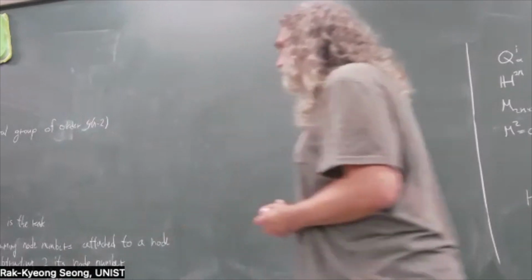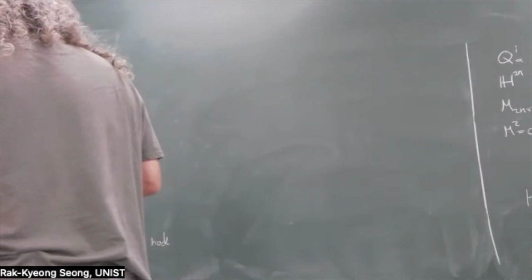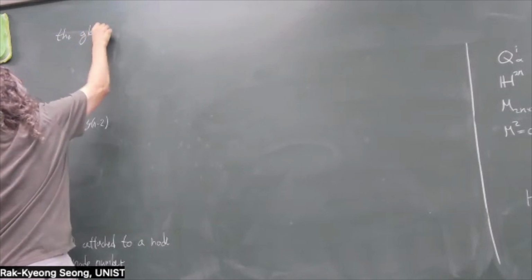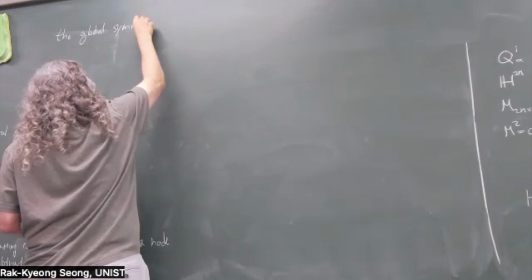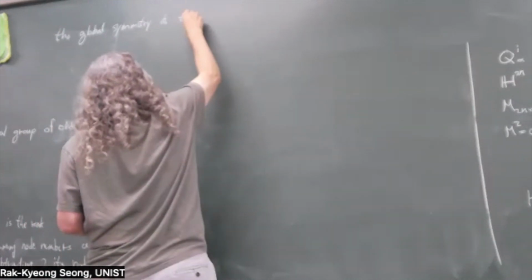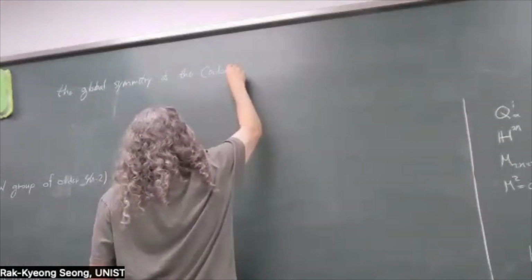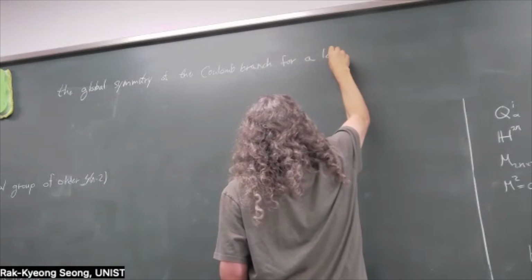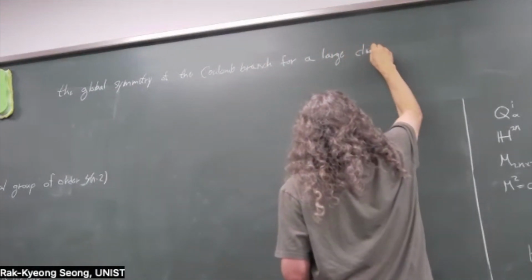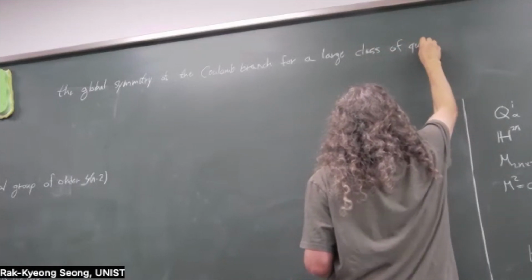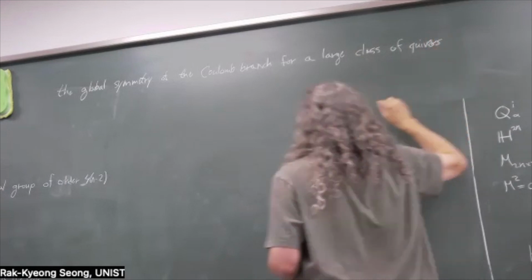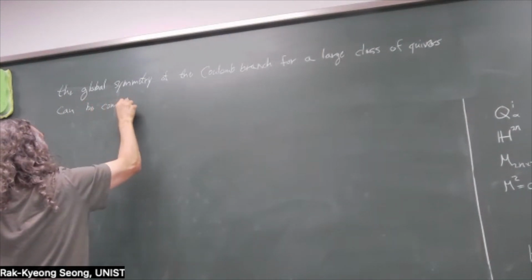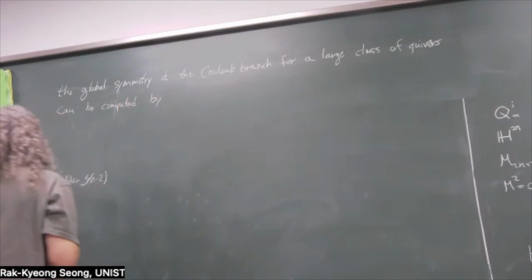So the global symmetry of the Coulomb branch for a large class of quivers can be computed by the following condition.